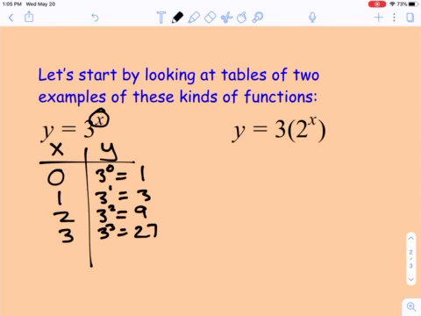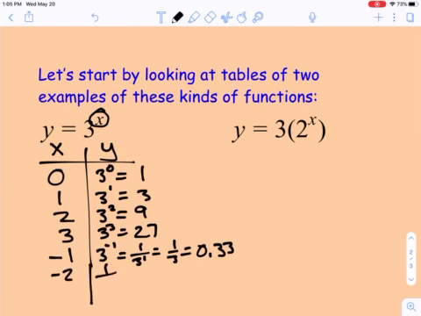But what's really interesting about these is what happens when you have negative x values. If I put in -1, you have 3 to the -1 power, which is the same as 1 over 3 to the 1, which is 1/3. So you've got something that's like 0.33, and it's positive. If you put -2 in, it's the same thing.